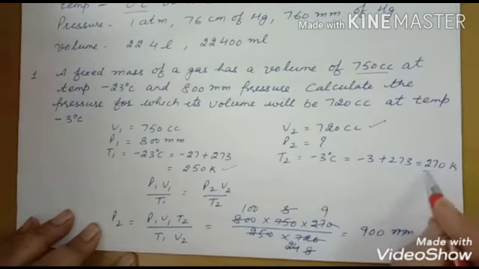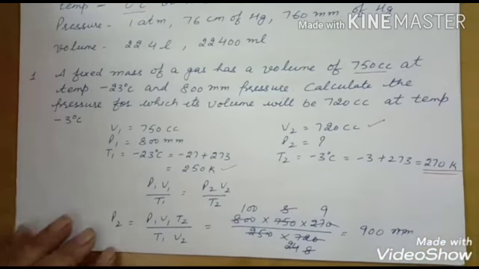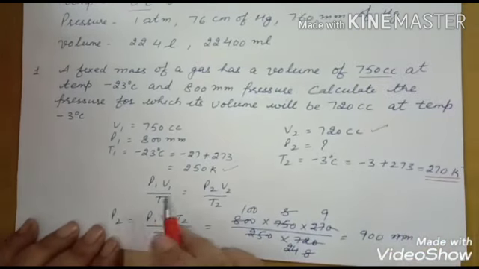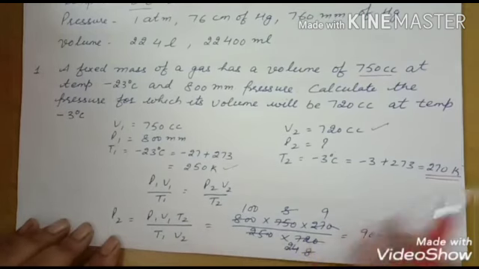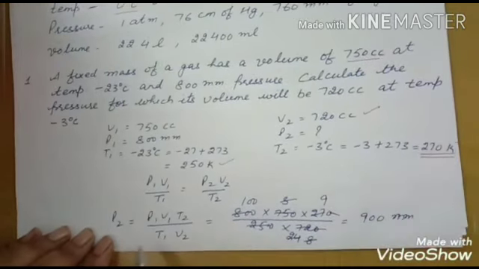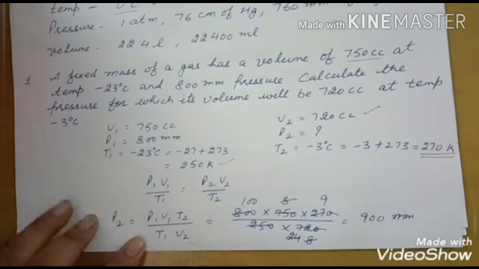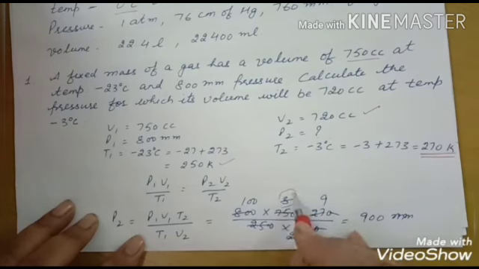That means 270 Kelvin. Gas equation, P1 V1 upon T1 is equal to P2 V2 upon T2, or we can say P2 is equal to P1 V1 T2 upon T1 V2. Let me fill in the values. 800 into 750 into 270 upon 250 into 720. Now this 250 is going to cut with 750 with 3.